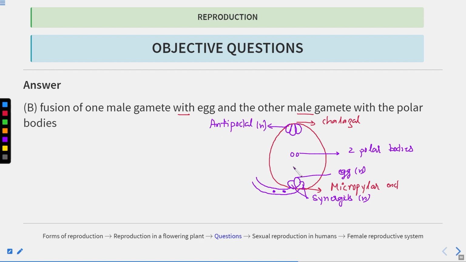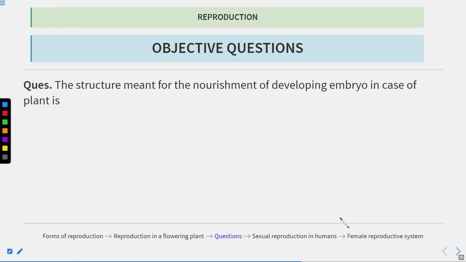One male gamete fuses with the egg cell, and the other fuses with these two polar bodies. So this is known as double fertilization. Clear? And this is the structure of the embryo sac of angiosperms, which are also known as flowering plants.